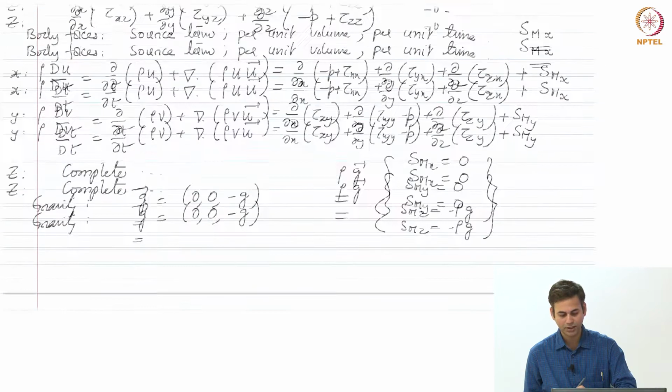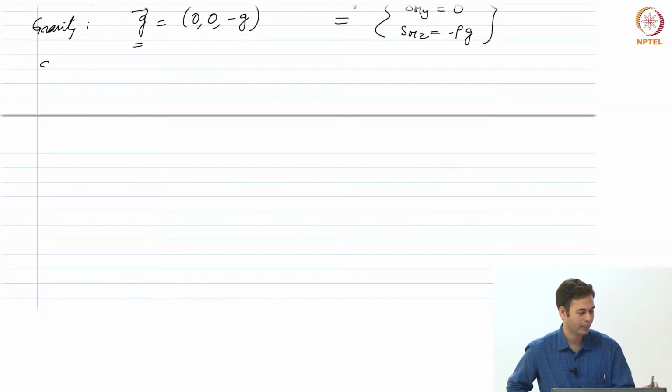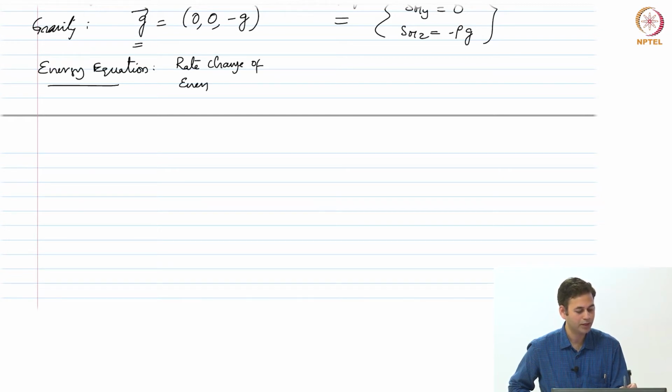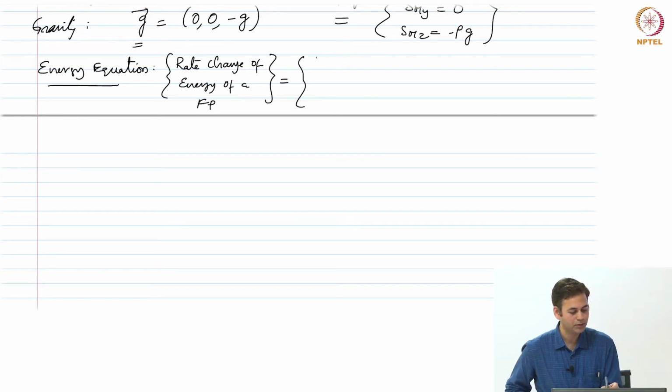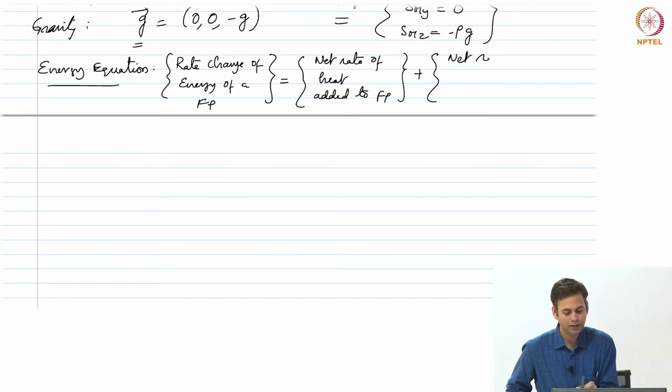Then what we have next is the energy equation. So, what does the energy equation state? It says again the rate of change of energy of a fluid particle equals the net rate of heat added to the fluid particle plus the net rate of work done on the fluid particle, right.